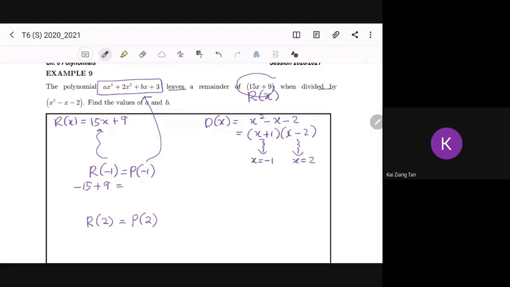So, we will get A times negative 1 power of 4 plus 2 times negative 1 cube plus B times negative 1 and plus 3. Okay. So, from your calculation, you will get A minus B equals negative 7.